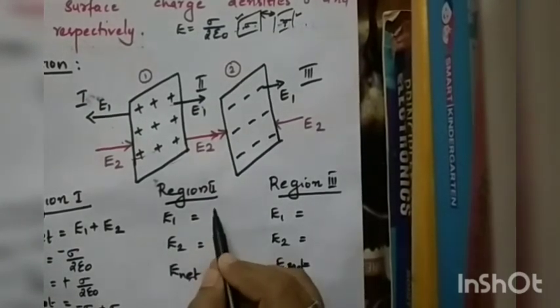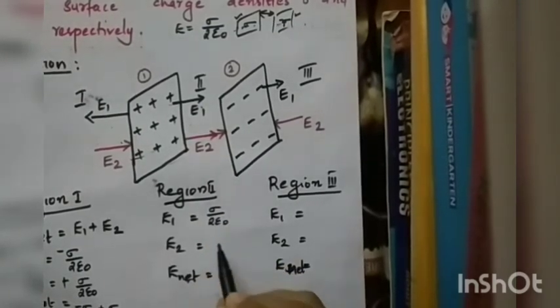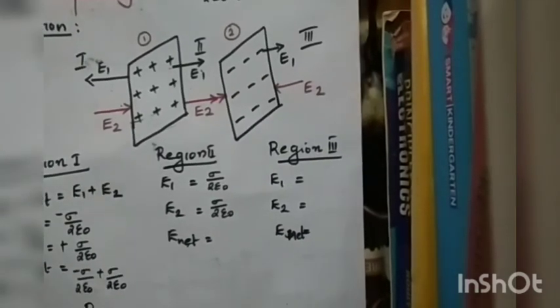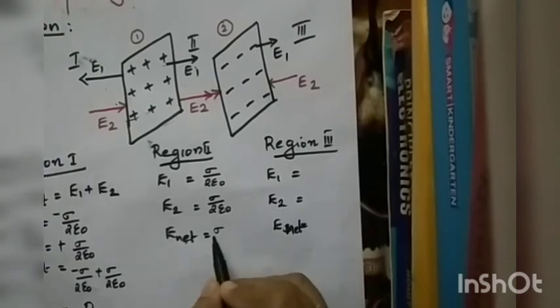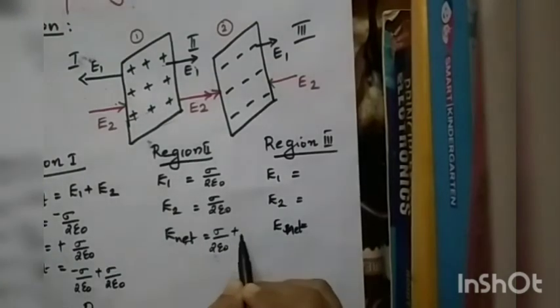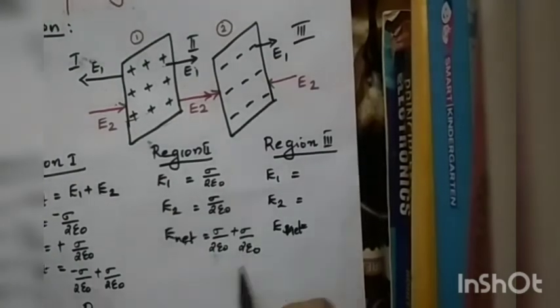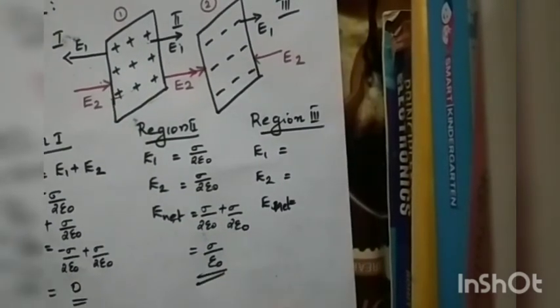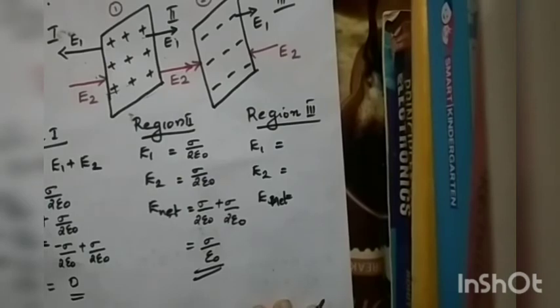So both electric fields act along the positive x-axis, each sigma by 2 epsilon naught. The total electric field is sigma by 2 epsilon naught plus sigma by 2 epsilon naught, which simplifies to sigma by epsilon naught.